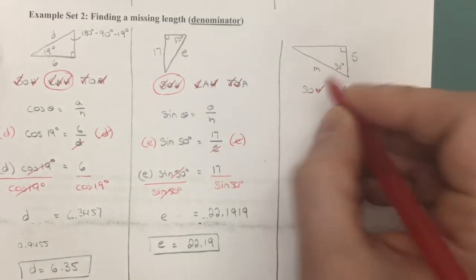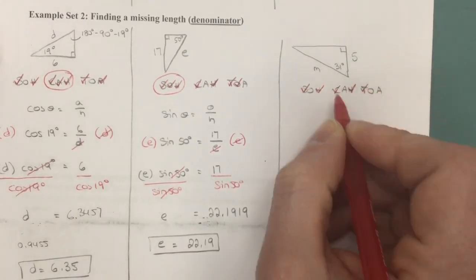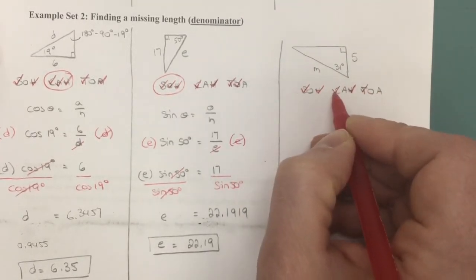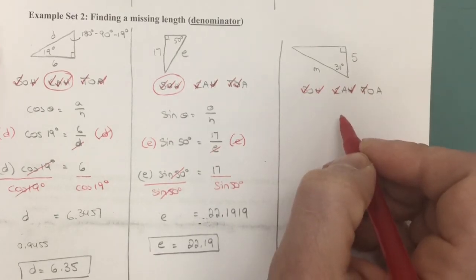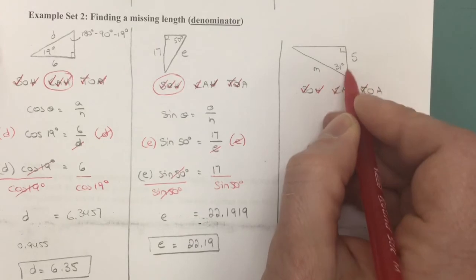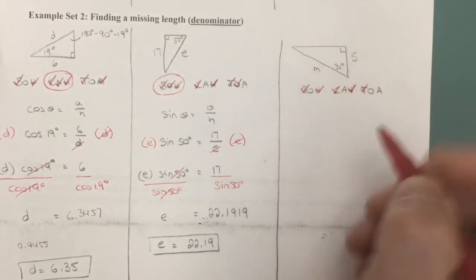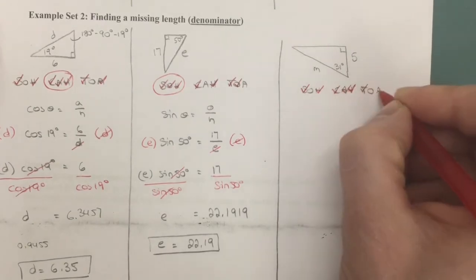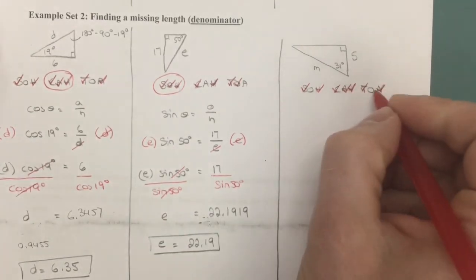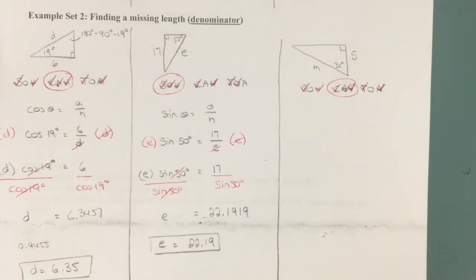The angle is given to you, which means we can check the ratios, sine, cosine, and tangent. And then from the perspective of this angle, we have this side right here, which is the 5, and that is the adjacent side. And so from these check marks, you can see that we need to be using the cosine ratio.